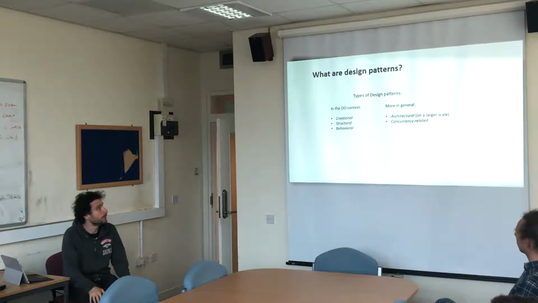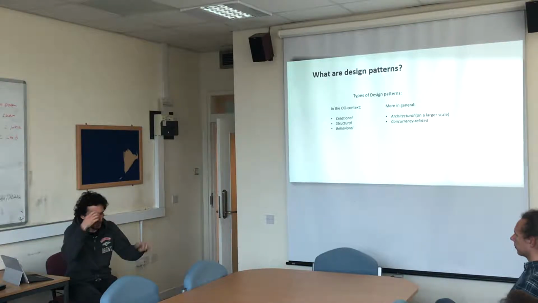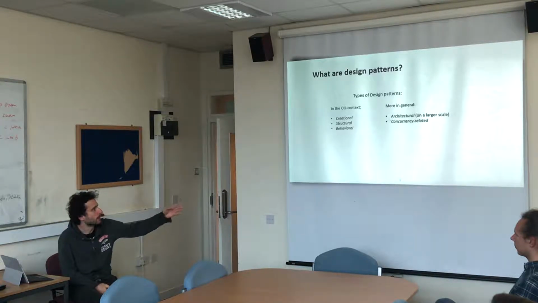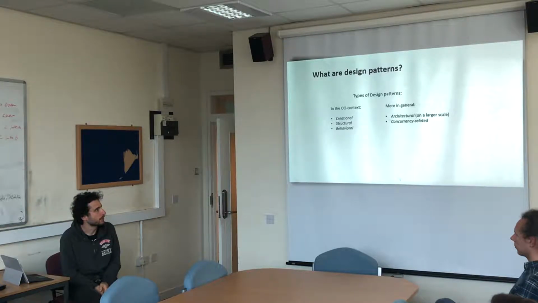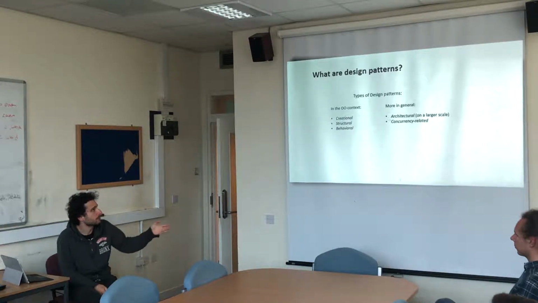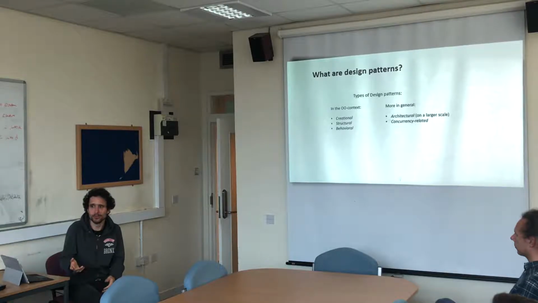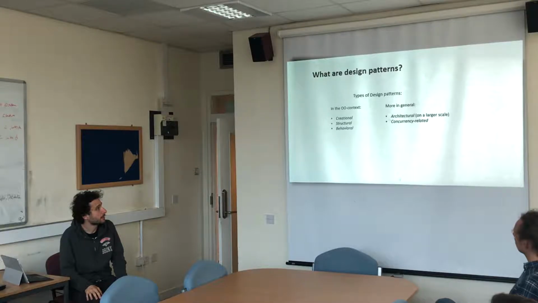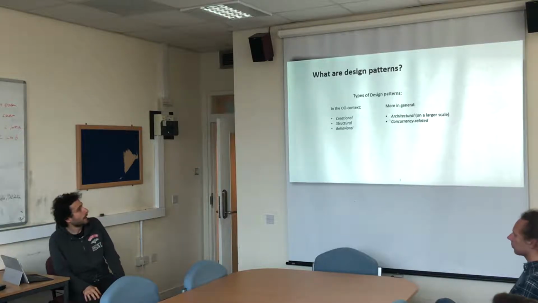If you talk about designing an application or systems, then you talk about architectural design patterns, and there are also patterns related to concurrency, how you treat multiple processes and their communications. That's it for what I know.